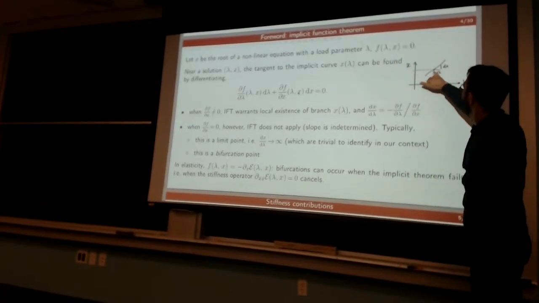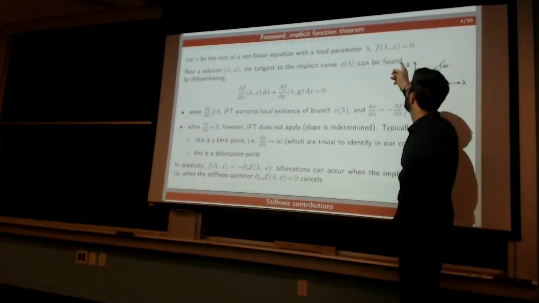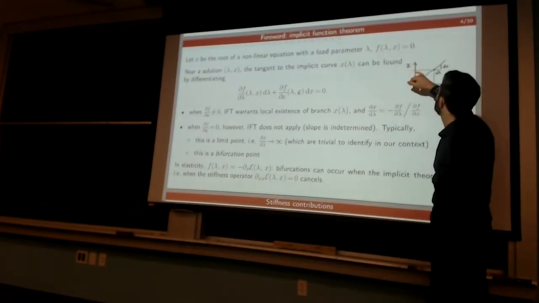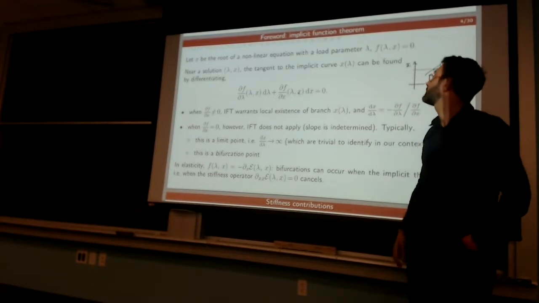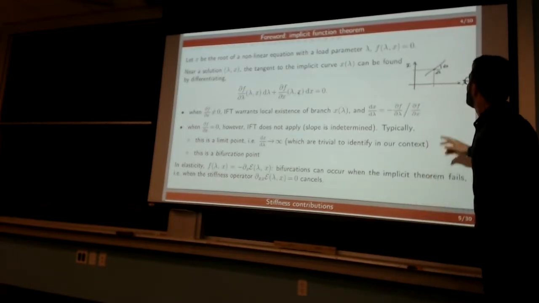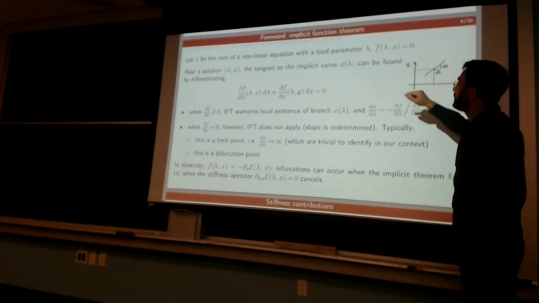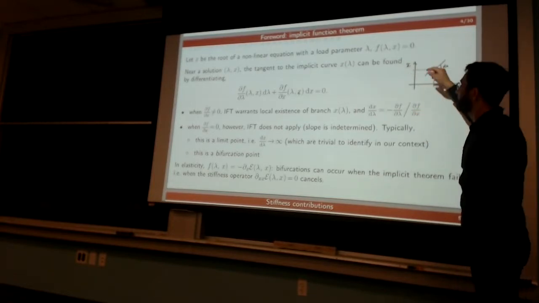We would like to extend that to neighborhoods. So the naive thing is to linearize this equation and see if a small increment delta lambda and delta x are still consistent with the equation in some place nearby.